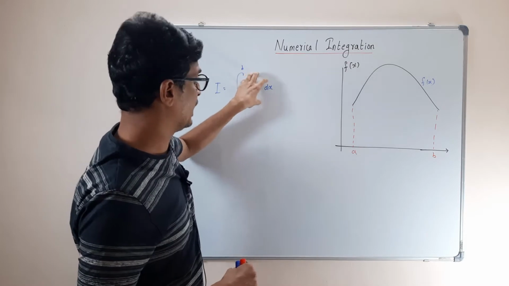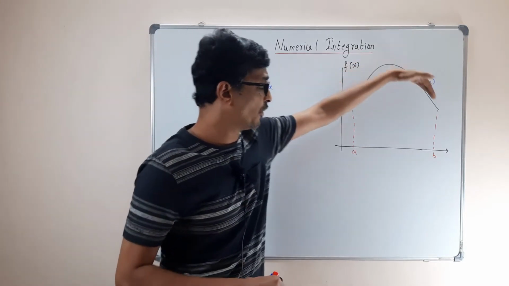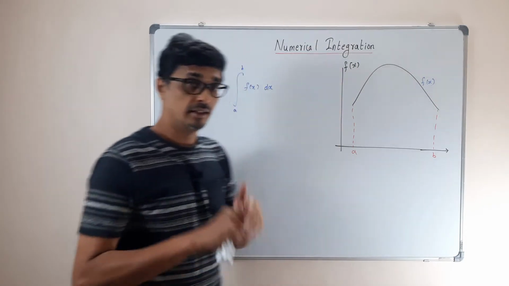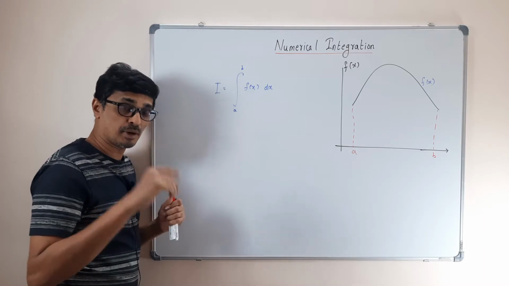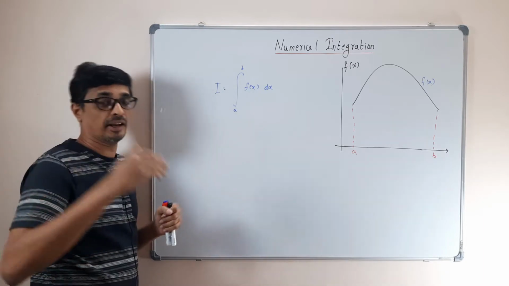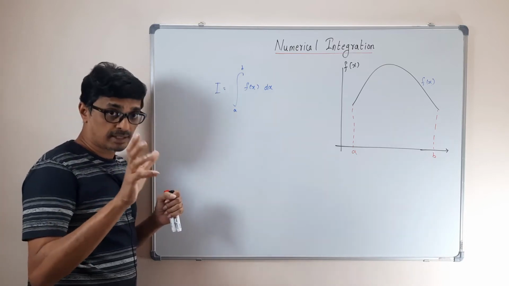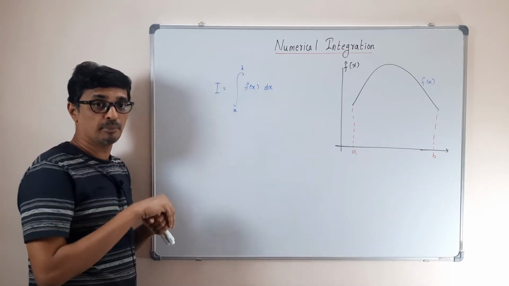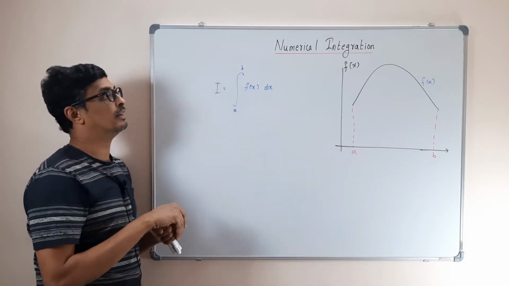If you plot the integrand and it is a smoothly varying curve, then any smoothly varying function can be represented by a polynomial of a certain degree, or maybe an infinite series. To be more accurate, we can describe that function as a polynomial of a certain degree.